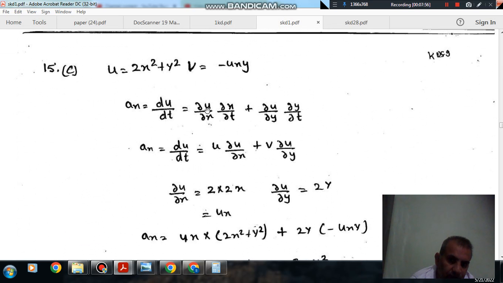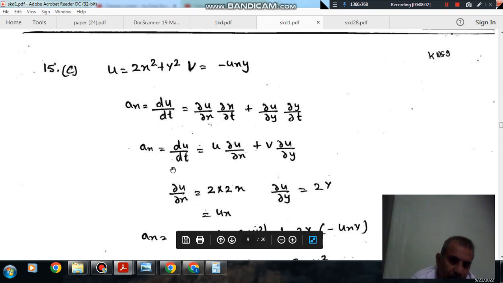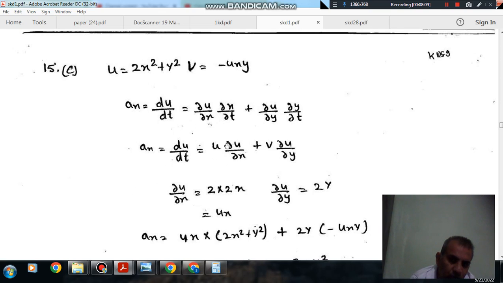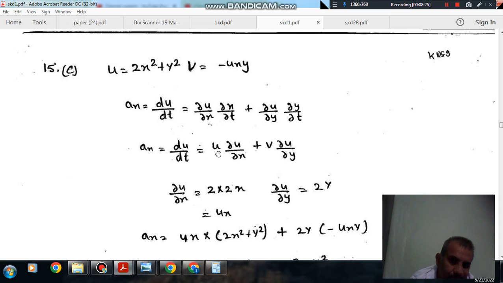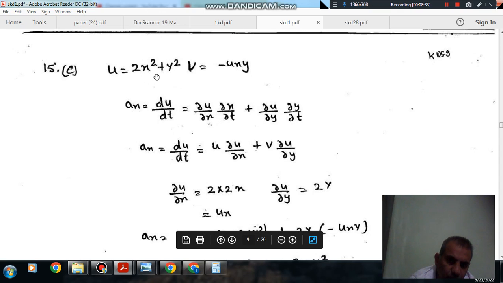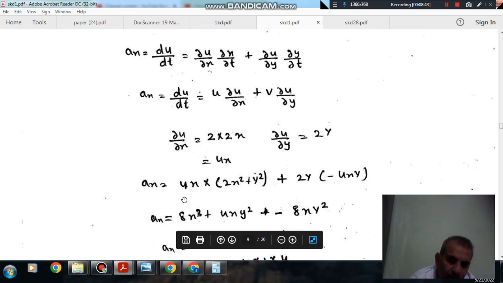So ax is Du/Dt. Using the chain rule, ax is u ∂u/∂x plus v ∂u/∂y. ∂u/∂x is 4x, and ∂u/∂y is 2y, because it's y square.